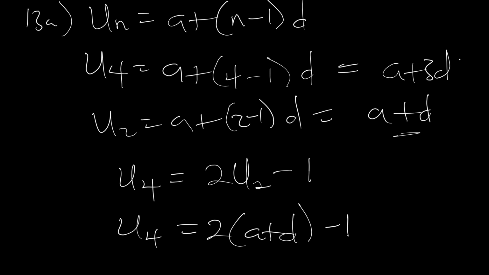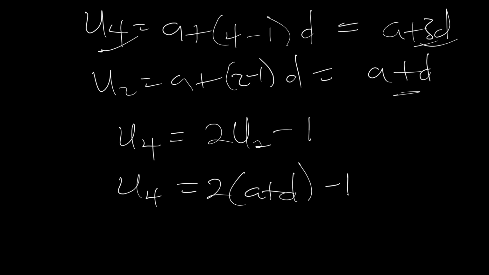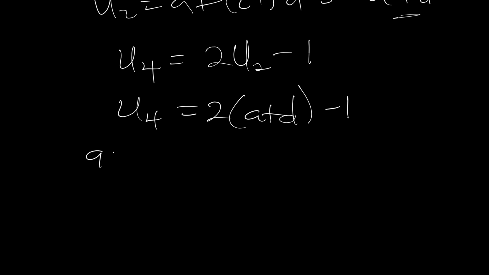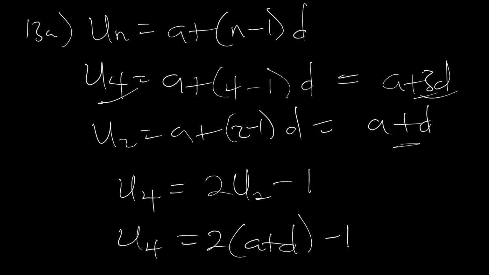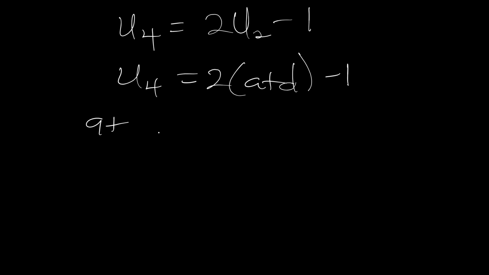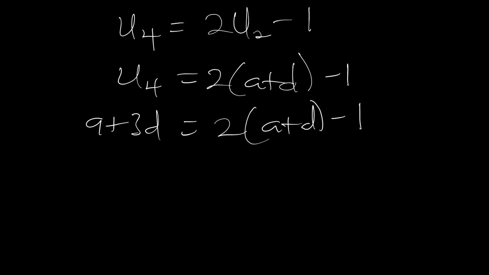But we know that u4 is a + 3d. So a + 3d is equal to 2(a + d) - 1.